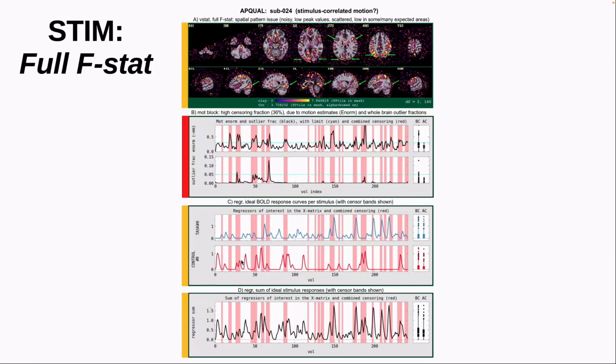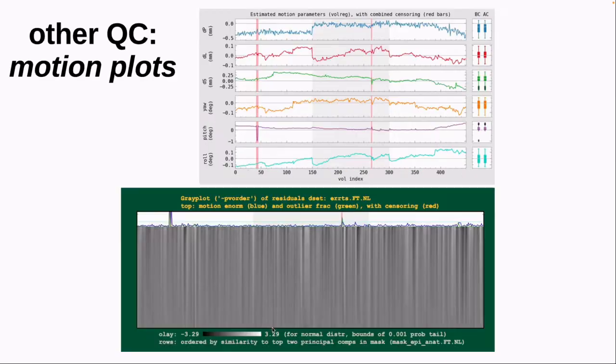We can also look at the sum of the regressors, all the regressors together here, and see if those two together are correlated with the motion. Okay, so that's one way that you can look at task data a little bit differently. Here you can also just look at the motion plots in these two forms, one with the motion parameters, and the other with the gray plot, or the carpet plot, some call it.